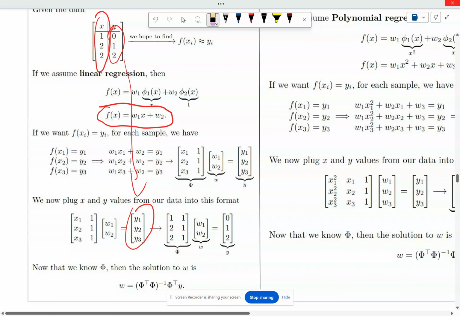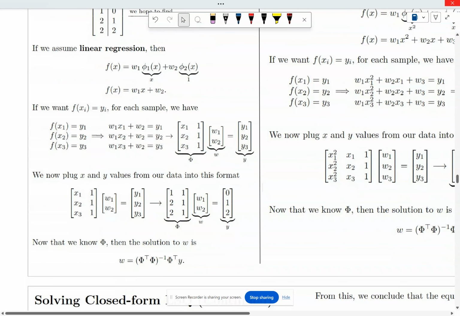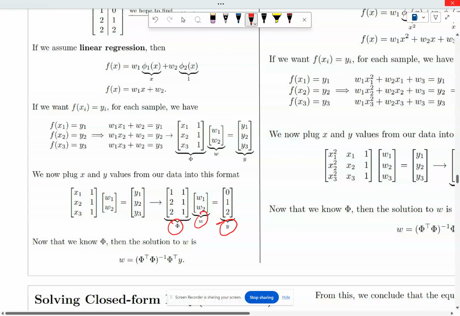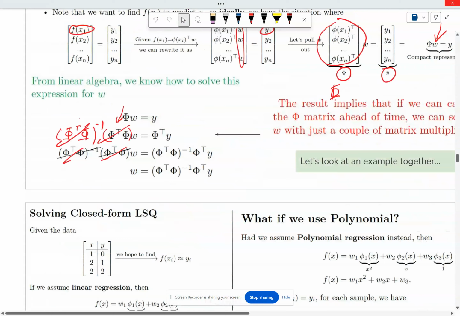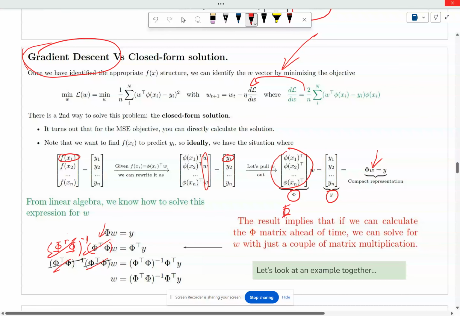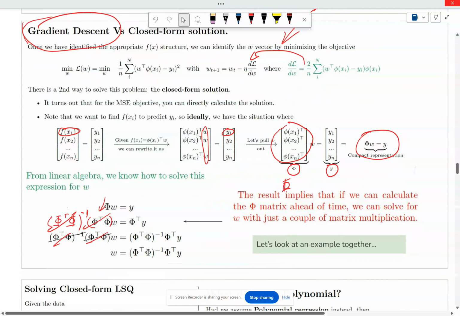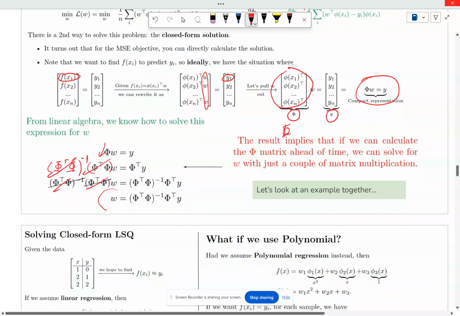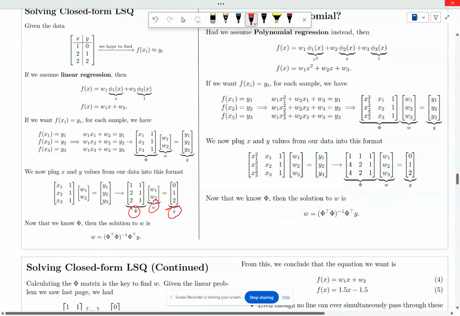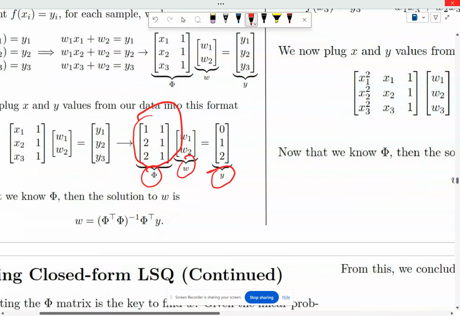So now we have the problem where phi times w is equal to y, just like what we saw previously. And we saw previously that we can solve for w by using this equation. So once we know this matrix, we simply plug phi into this equation and out comes the solution w.